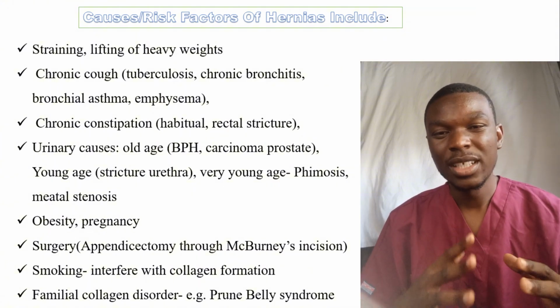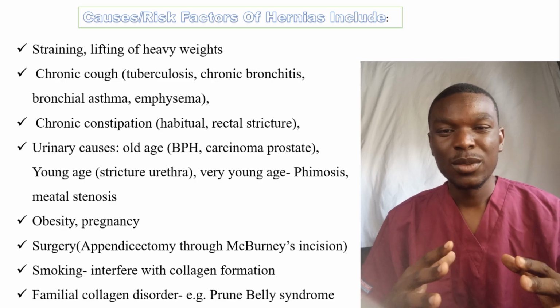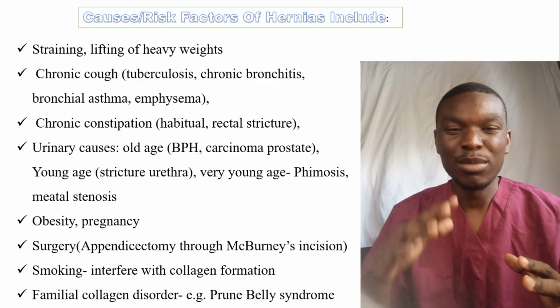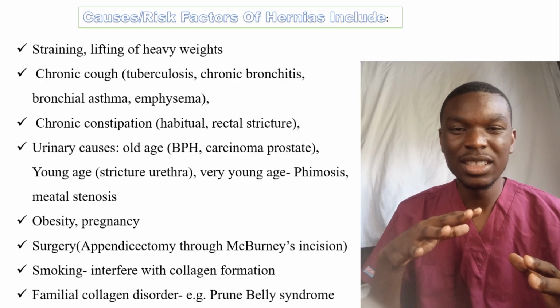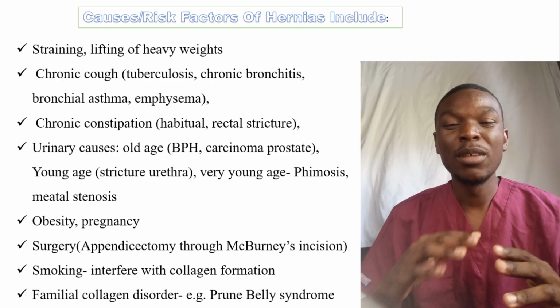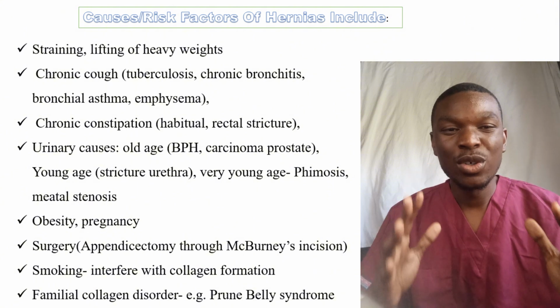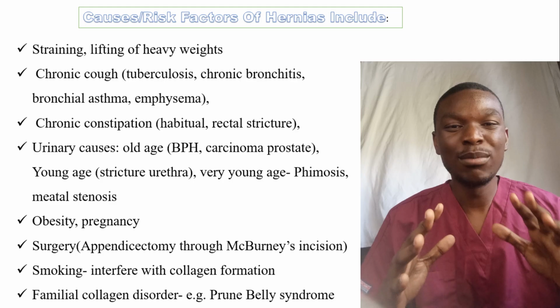We know there's a weakness or there's an opening. But when there's increased abdominal pressure, that's what pushes these organs through these weaknesses or openings. So the basic cause of these hernias is increase in abdominal pressure.